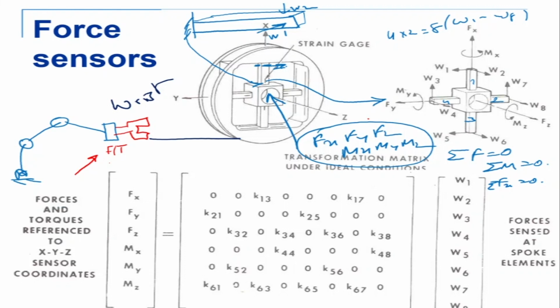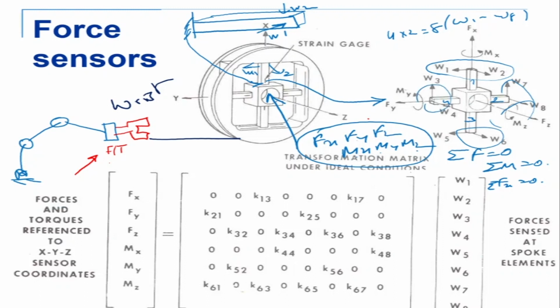This is my W2 and that is my W1. So I need to find the relation between the external Fx, Fy, Fz, Mx, My, Mz and the internal forces W1, W2, W3.